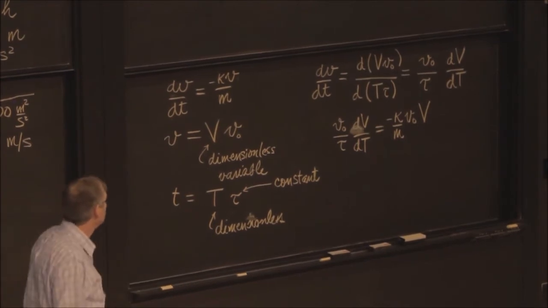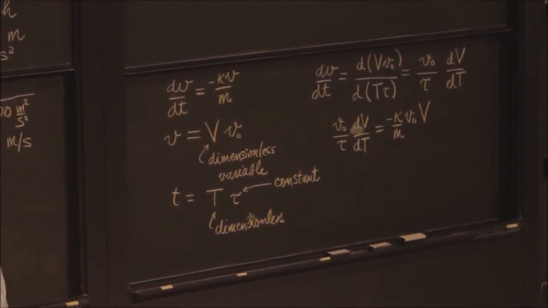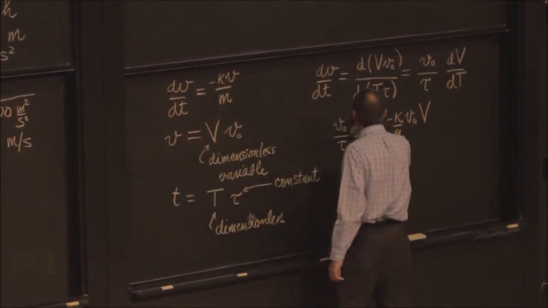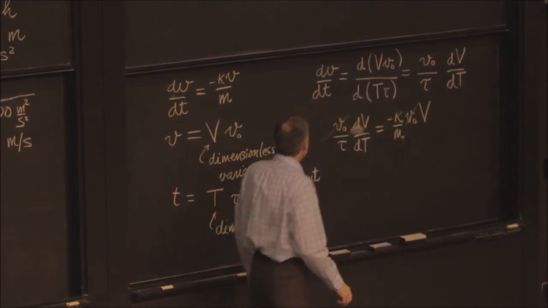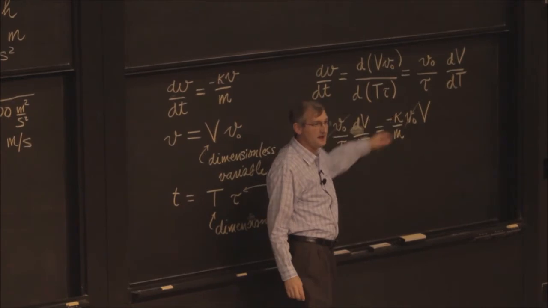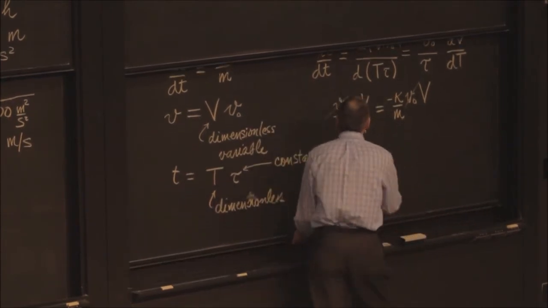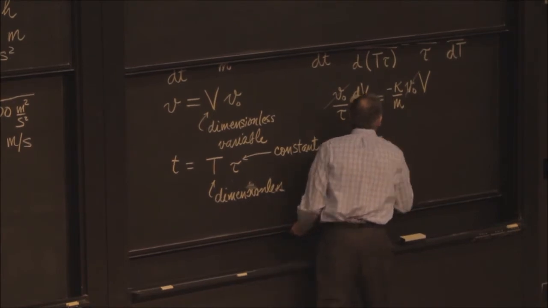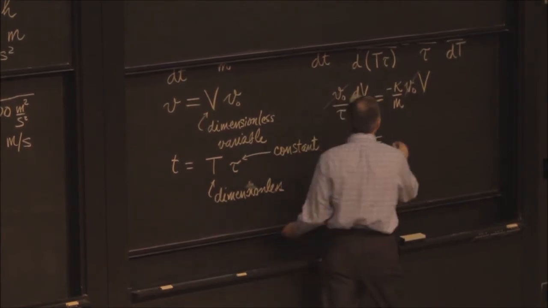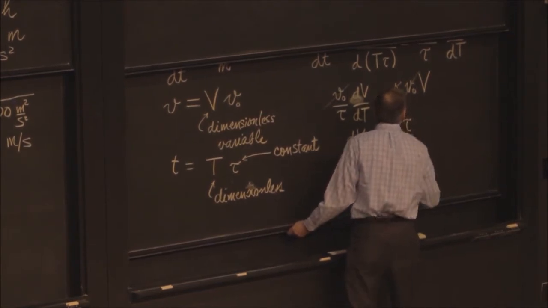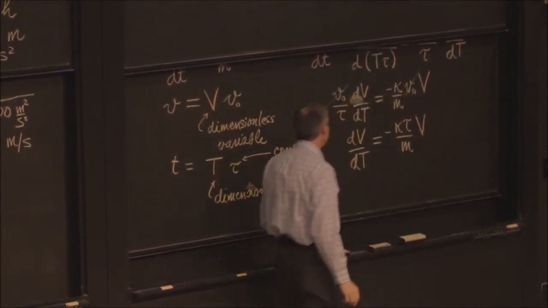Now I think there's some beginning payoff. So what do you notice? Yeah, the V0 is now gone. That can go away. I'm going to throw the tau to the other side, and we have that dV dt, in my dimensionless variables, is equal to minus kappa tau over m times V.